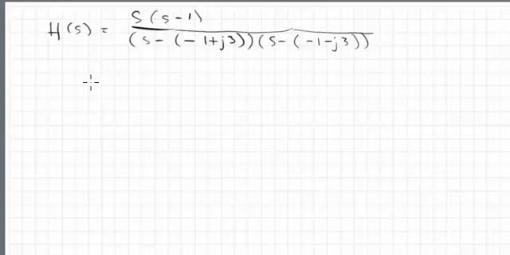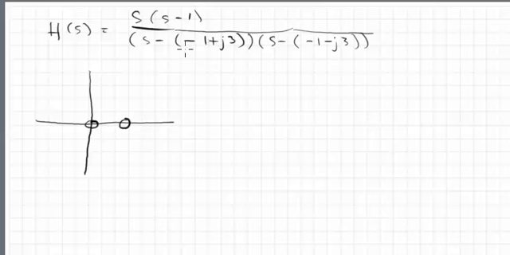So we can write the pole-zero diagram. We have a zero at 0 and a zero when s is equal to 1. So there's s equals 1, that zero.